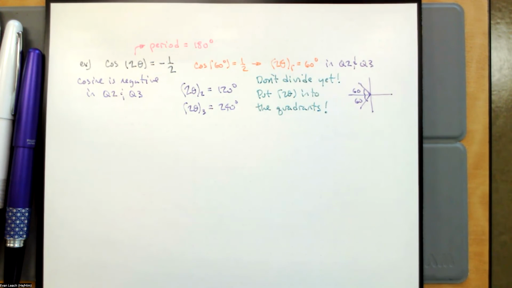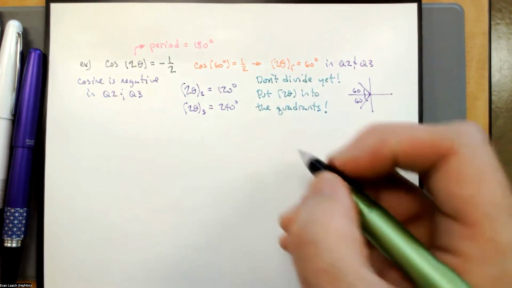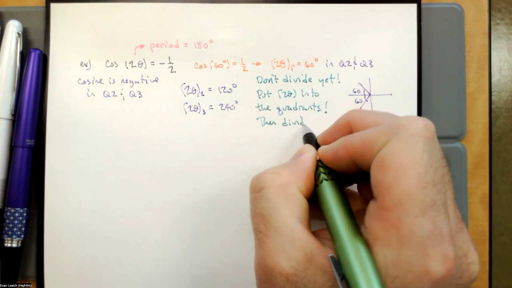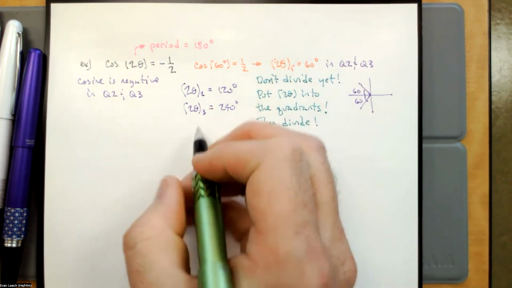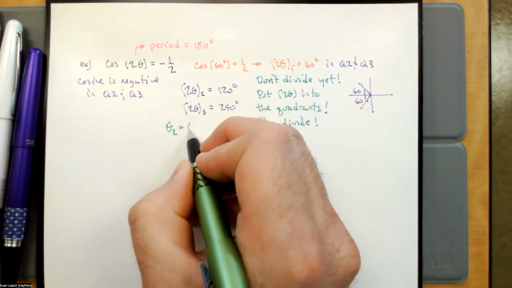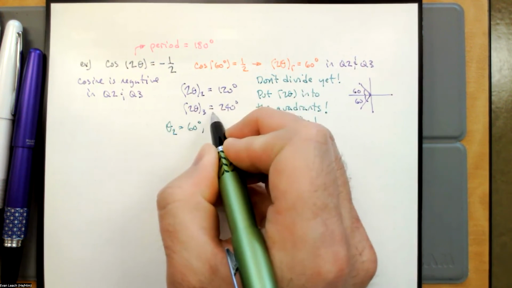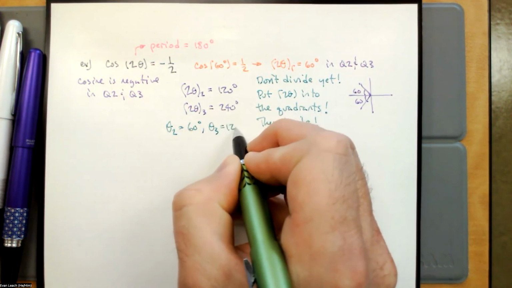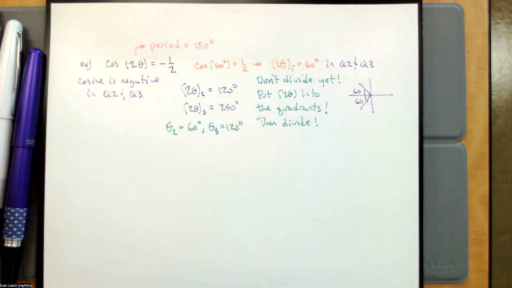Put 2 theta into the quadrants. Then divide. So theta 2 will be 120 divided by 2, or 60. And theta 3 will be 240 divided by 2, or 120. Now we're ready to add multiples of the period.